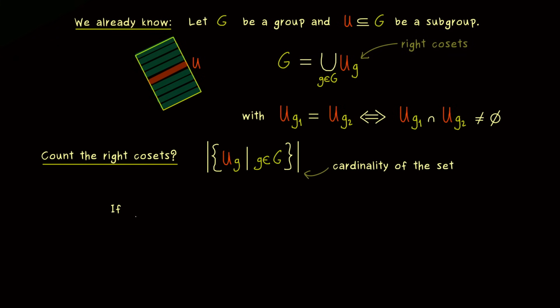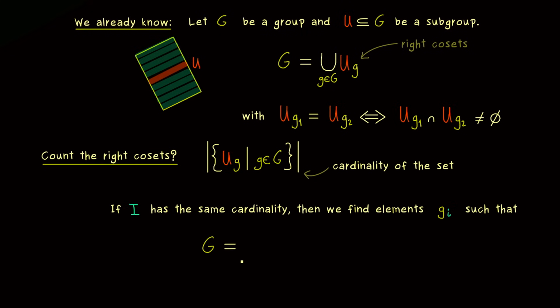In order to make it simpler, let's say we have a set capital I that has the same cardinality as this set. So it's an arbitrary index set, which we can just use to put an index to the elements of G. And we don't need all the elements of G, we just need the ones that describe all the right cosets. And this implies that we can write G as a disjoint union now.